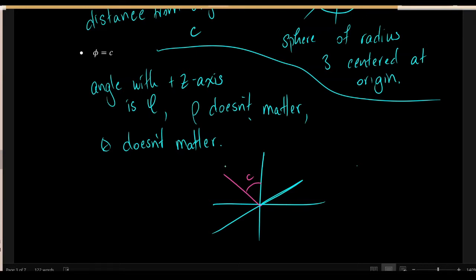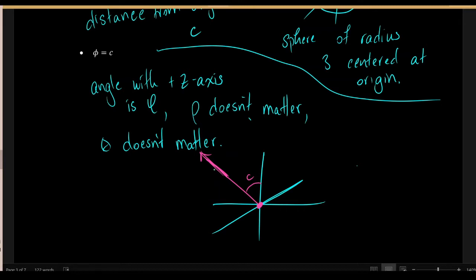Because the value of rho doesn't matter, I can be as far away from the origin as I want to be. I can be rho equals 0, which is on the origin itself, or I can be anywhere along this ray extending from the origin corresponding to this angle phi equals c.